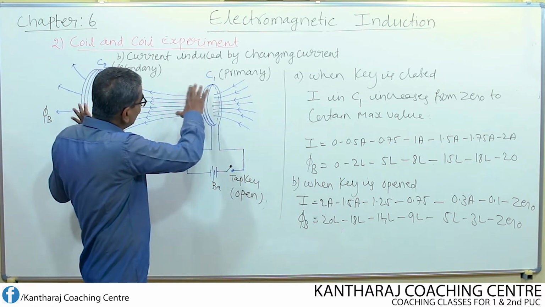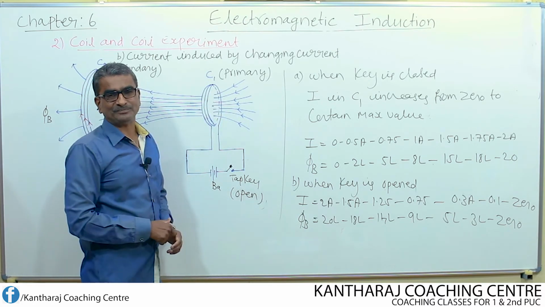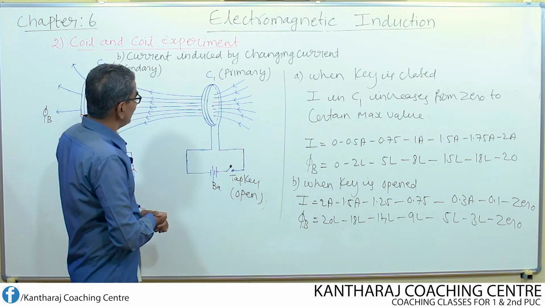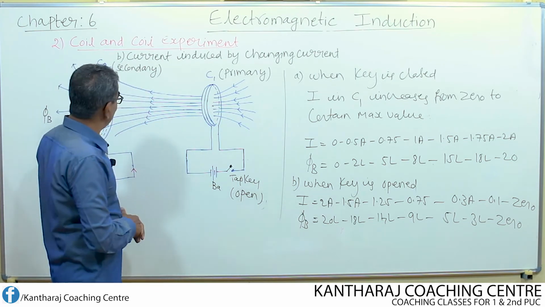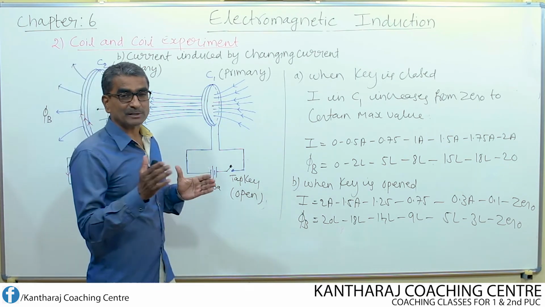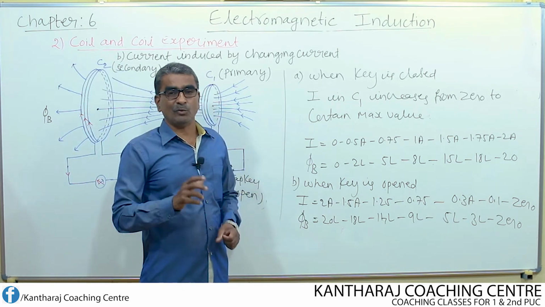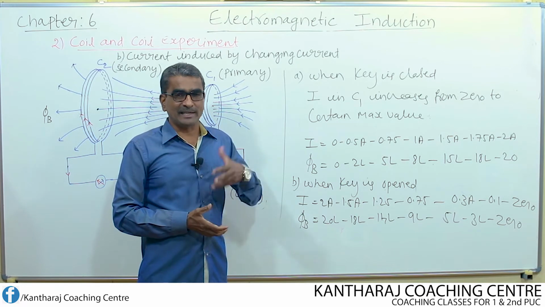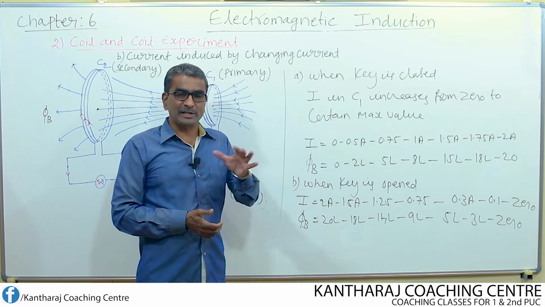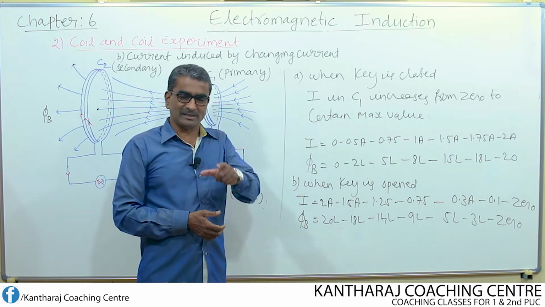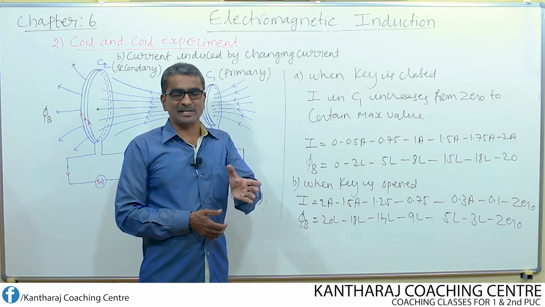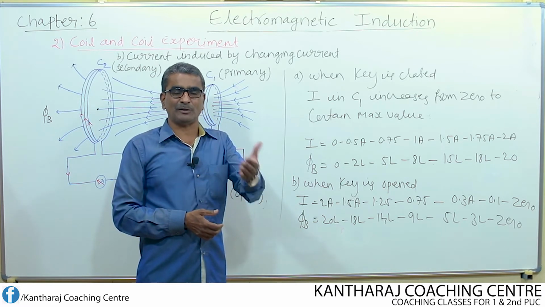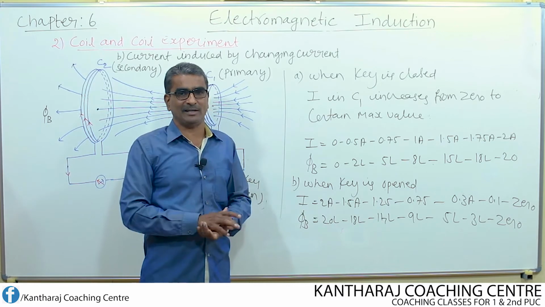And this is also known as mutual induction. What is meant by mutual induction? Because we come across two types of electromagnetic induction: one is self-induction and another one is mutual induction. In the case of self-induction, we produce induced current in one single coil, by changing the current in that same coil.